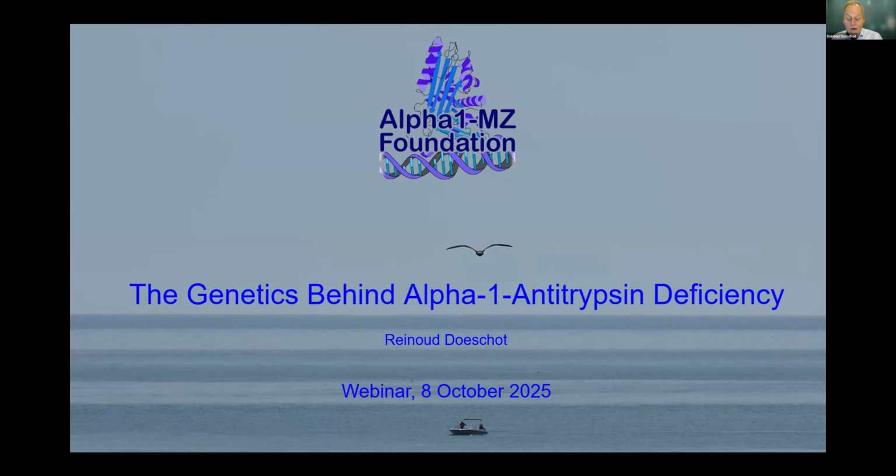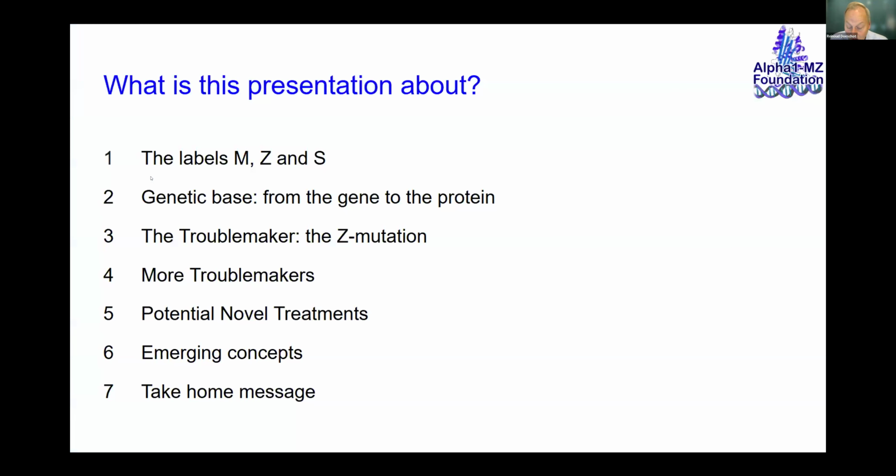Yes, I will talk about the genetics behind alpha-1. I'll walk you through how our genes control the proteins in our body and what happens when just one tiny change causes big problems. We start by looking at the different protein labels, M, Z, and S, and what they mean. Then I'll explain in 5 simple steps how a gene becomes a protein.